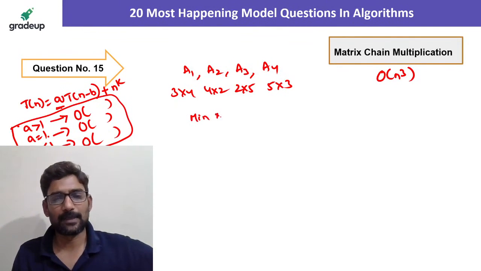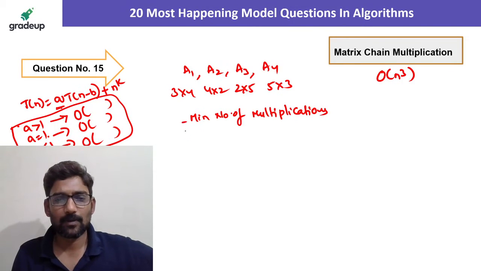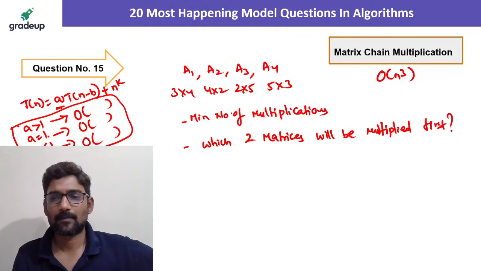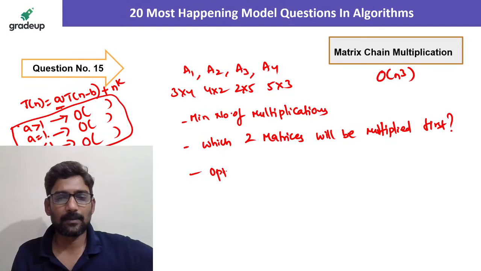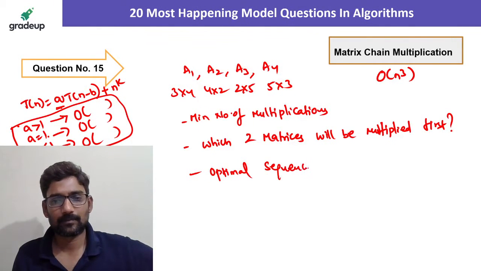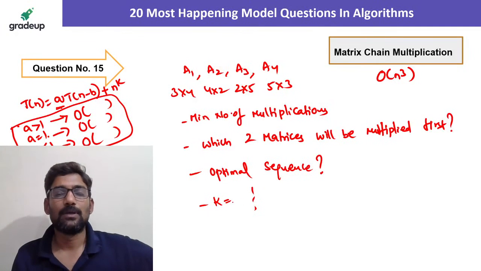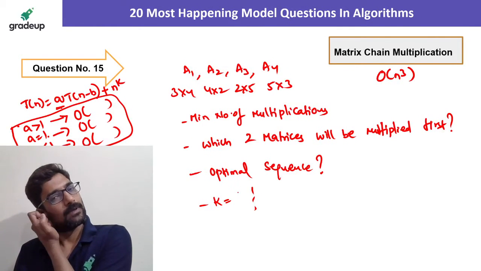Then the minimum number of multiplications you may be asked, or which two matrices will be multiplied first, or what is the optimal multiplication sequence, or for what k value you will be getting this so and so number of multiplications, the final k value. Okay.